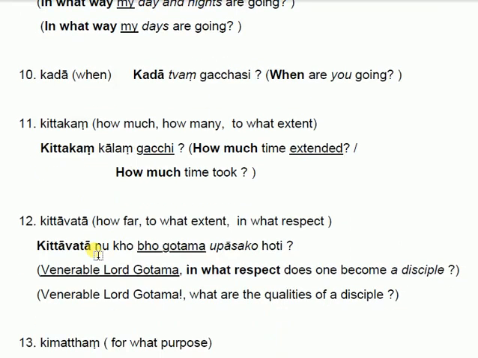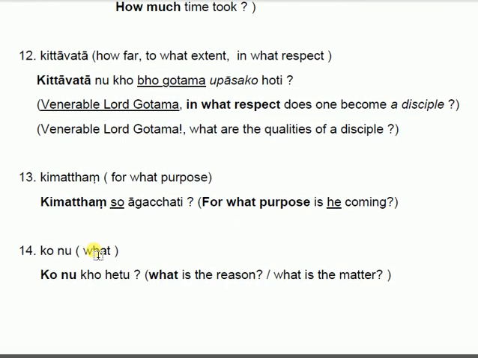And number 12. Kittavata. How far or to what extent or in what respect? In what respect? So, kittavata nukho bhogotama upasako hoti.